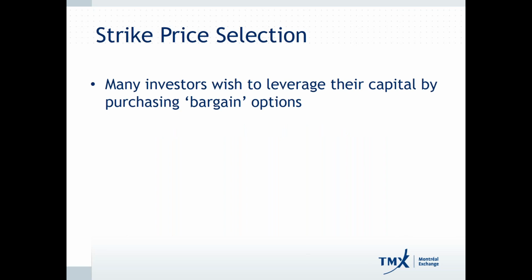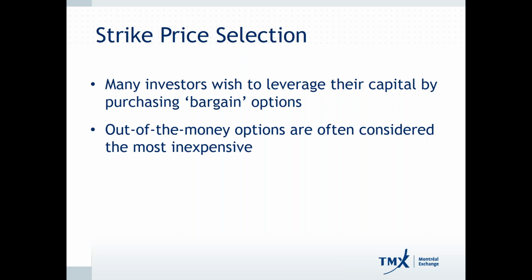So let's explore that a little further. In this scenario, many investors wish to leverage their capital by purchasing these bargain options. These cheap options are almost always, we use the term, out of the money. If you're not familiar with the term, we reference it in our options fundamentals session that we did earlier, but I'll give you a quick run of the situation.